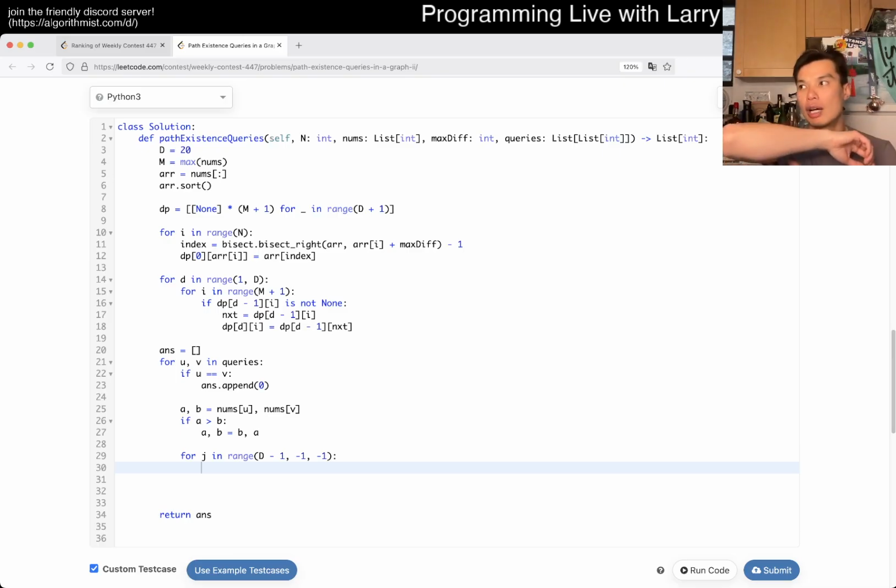So now, how do we do it? If dp of j of a is strictly greater than b, then we don't want to take it, right?